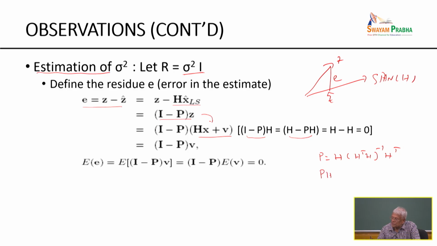Therefore, Ph is equal to h, h transpose h inverse, h transpose h. These two cancel each other, so this is equal to h. So P times h is equal to h. H minus h is 0. Therefore, I minus P times h is 0. I have only the second noise term here. So the residual E is purely a function of the noise.